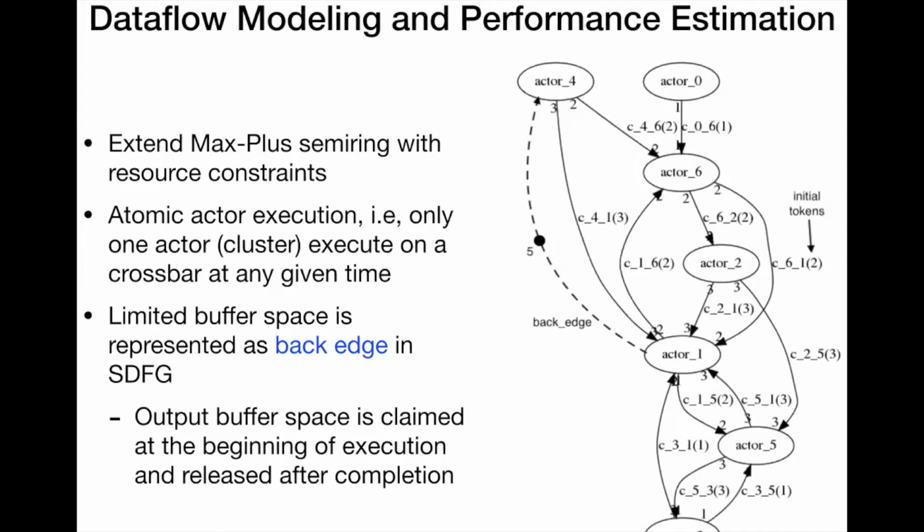However, the buffer space is limited, and let's say the buffers can accommodate only 5 spikes at once. So what we did is we created this back edge such that when actor 4 fires, it claims the 5 buffer spaces at the start of its execution and releases them only when the spikes are consumed. By consumption, it means that the spikes are communicated onto the interconnect. In this way, actor 4 and actor 1 cannot be executed simultaneously. That means the actors have to be executed one after another.